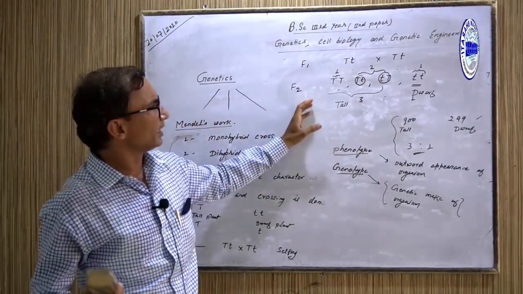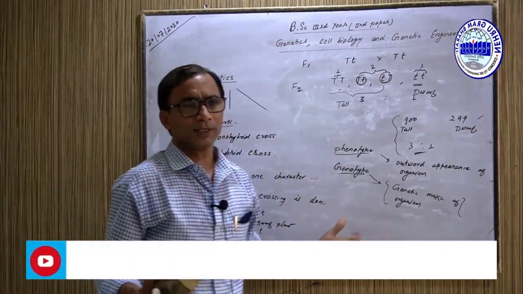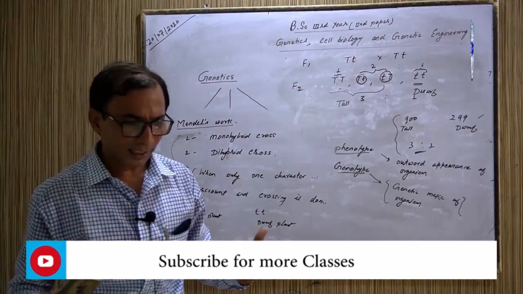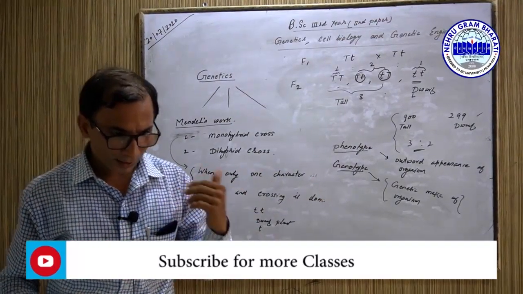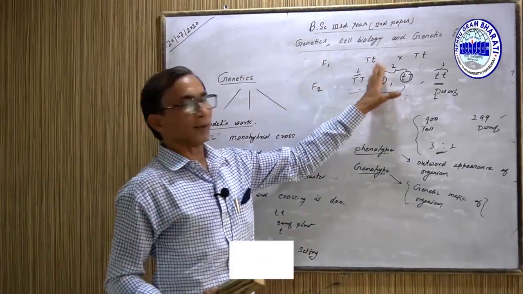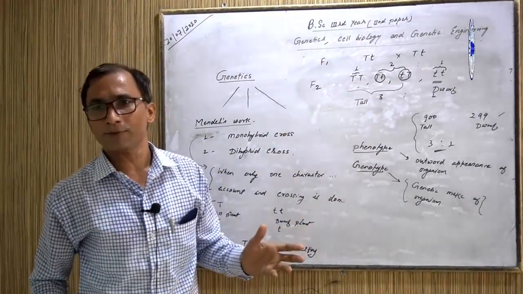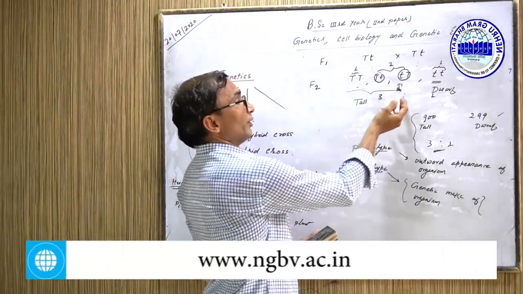We can predict the organism is actually tall because it is the outward appearance. We can easily say that this is the phenotype and this is the genotype, but it is the phenotype on the basis of which we can predict what the type of the organism is. It is the easiest way of assessment, but to ensure the genotype, we go for the calculation.